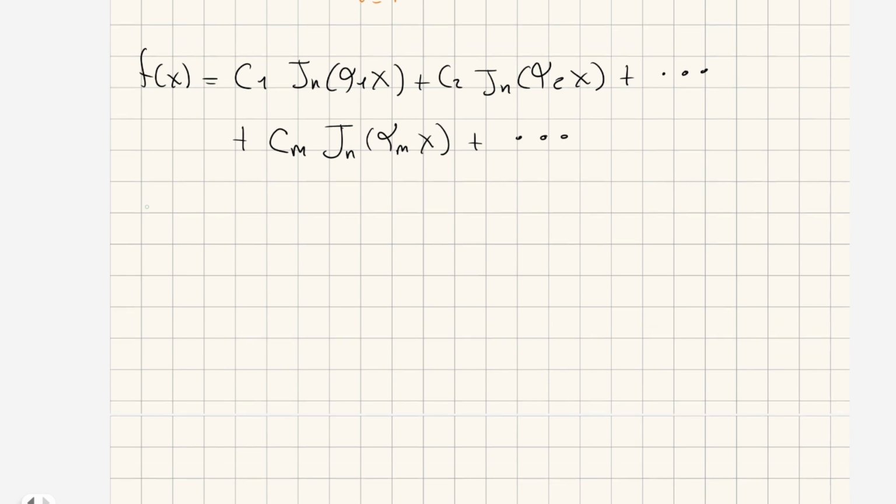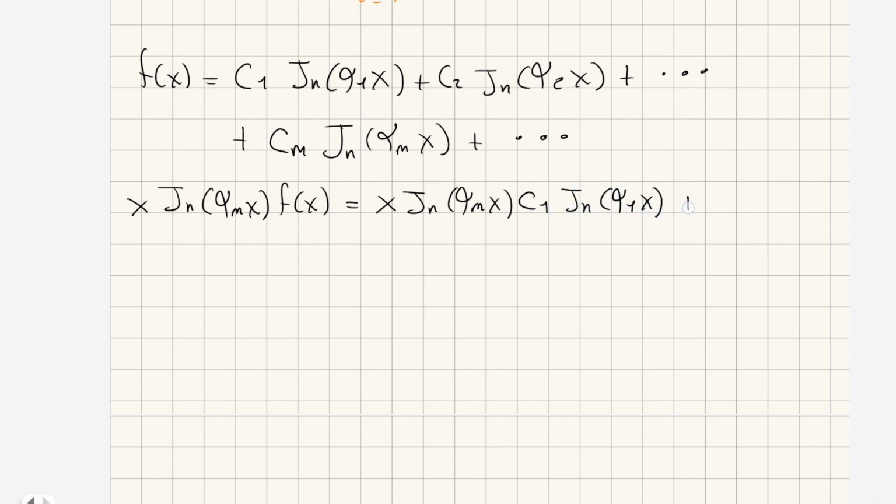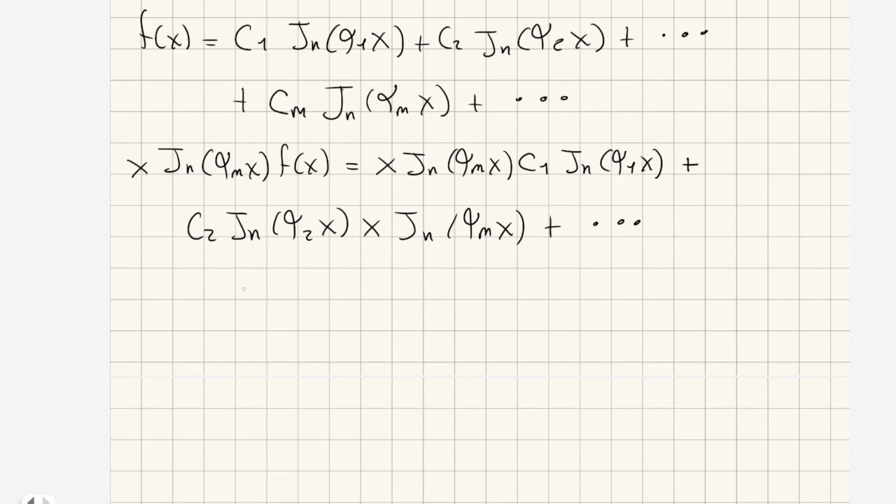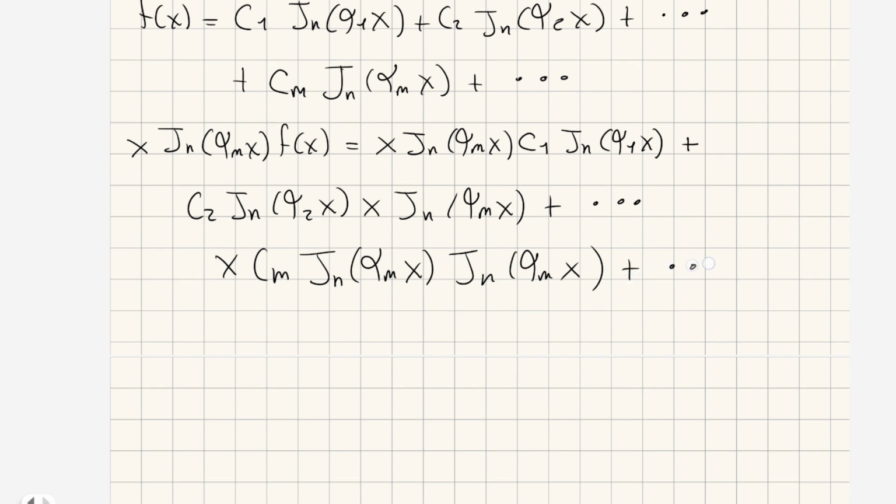Okay, so this is going to give us x Jn(alpha m x) times f of x equals, let's say, x Jn(alpha m x) times c1 Jn(alpha 1 x) plus c2 Jn(alpha 2 x) times Jn(alpha m x) plus all the way up to this element, which is going to be x cm Jn(alpha m x) Jn(alpha m x), and all the way up to infinity, right?